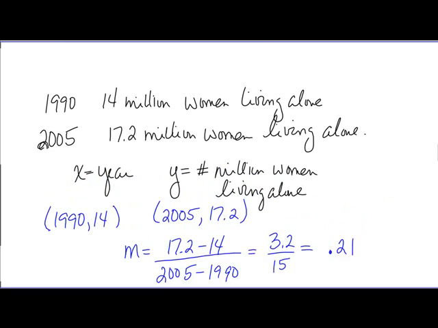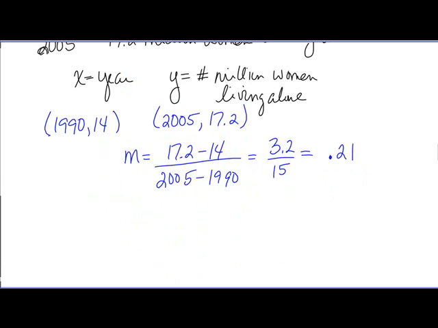So looking at these two numbers, to go from 14 to 17.2, we know we have an increase. So the way that we can describe what this means is the number of women that live alone is increasing.